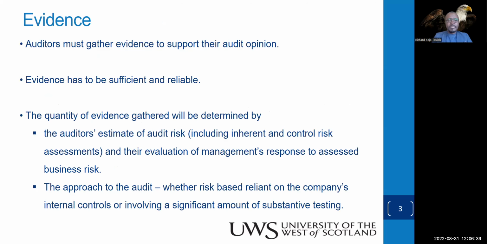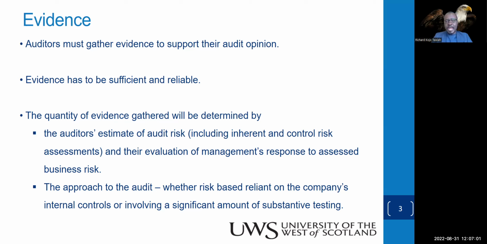All right. Like we said earlier, we need to gather evidence to support our work, and to support the conclusions and opinions that we issue. Our evidence must be of the right quantity, sufficient, and it must be appropriate in that it is reliable and relevant for the work we're doing.